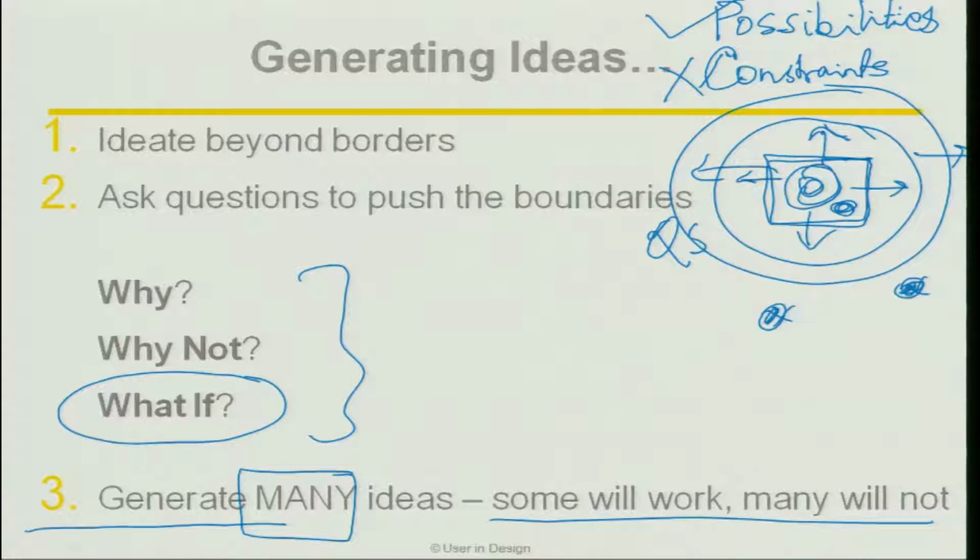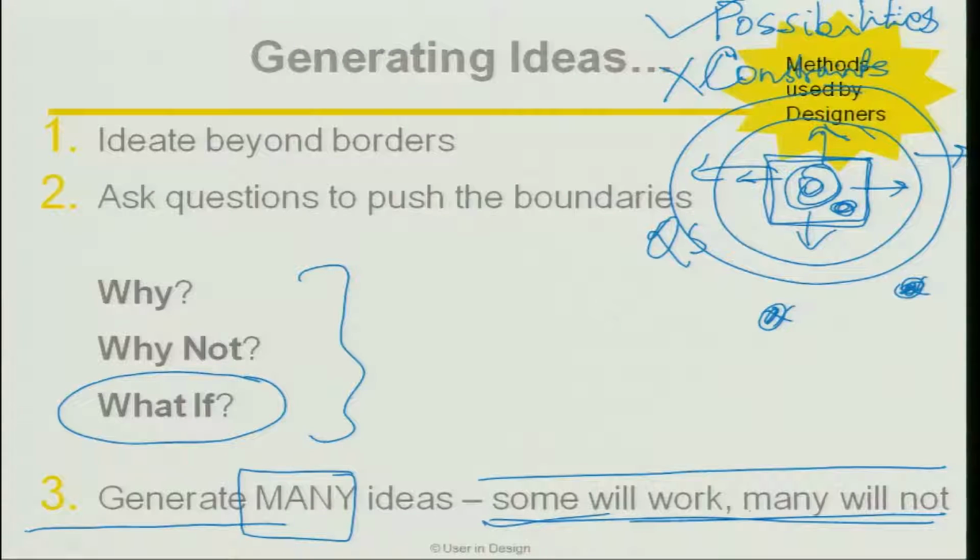You will generate some garbage amidst the good stuff, but keep generating. If you don't generate, how will you know which is good and which isn't, right? So many ideas, and be very comfortable and okay that you will throw away several of those ideas. Okay? So these are the methods used by designers, all right?